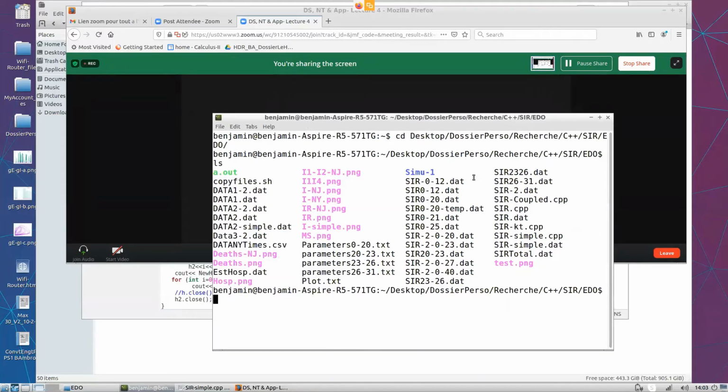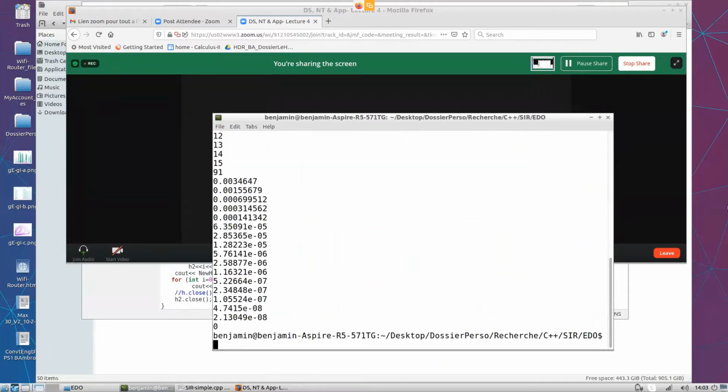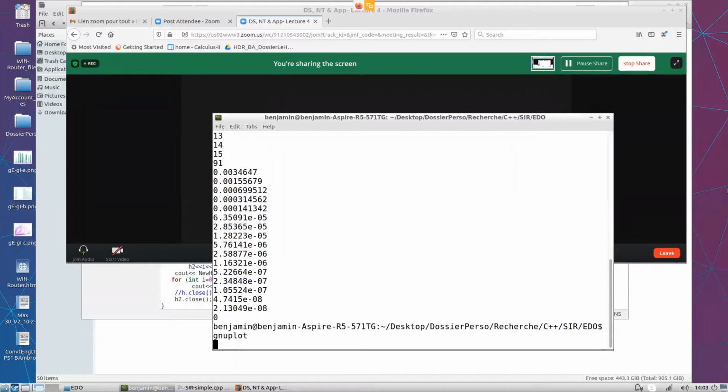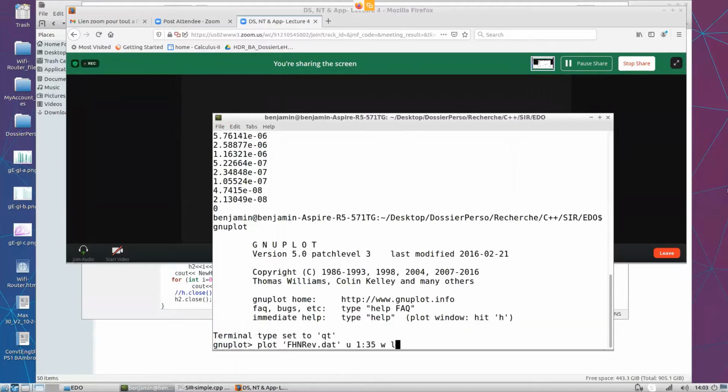So I just compile this program. Everything's good. And now I run it. So, okay, and now I'm going to see the output.